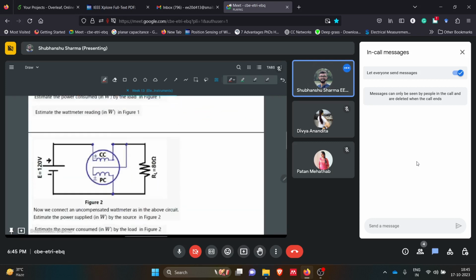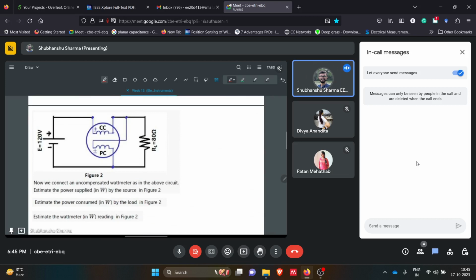Another configuration is where the power coil is now attached across the load, and the current coil is attached towards the source. So the power will change, because the CC and PC have some resistances of their own. Because of these non-ideal conditions, we will have different values for the estimated power consumed with this wattmeter.